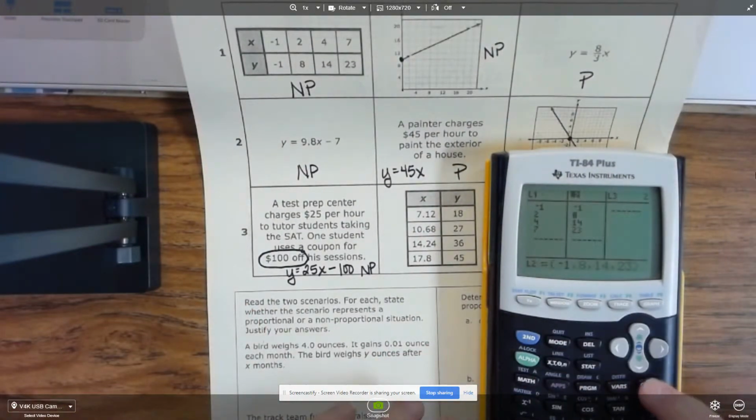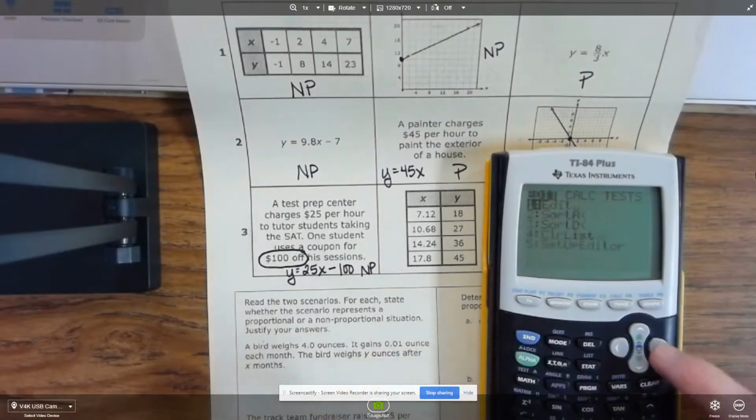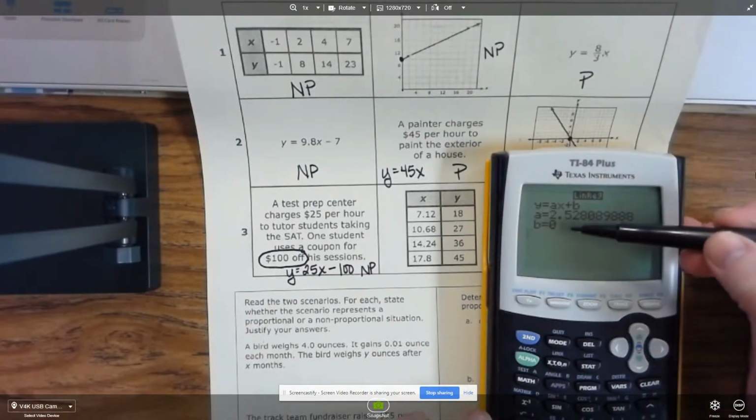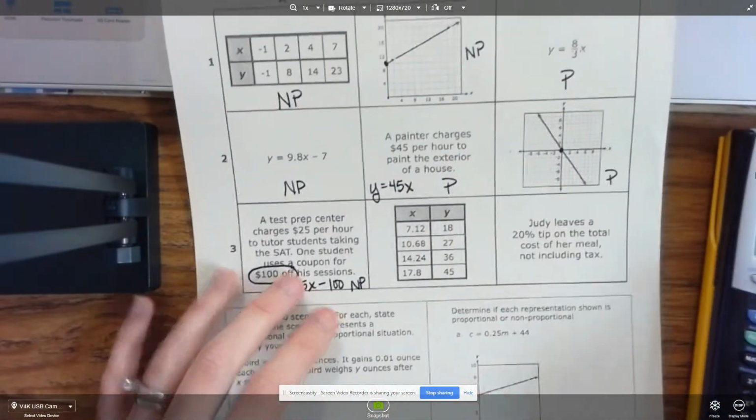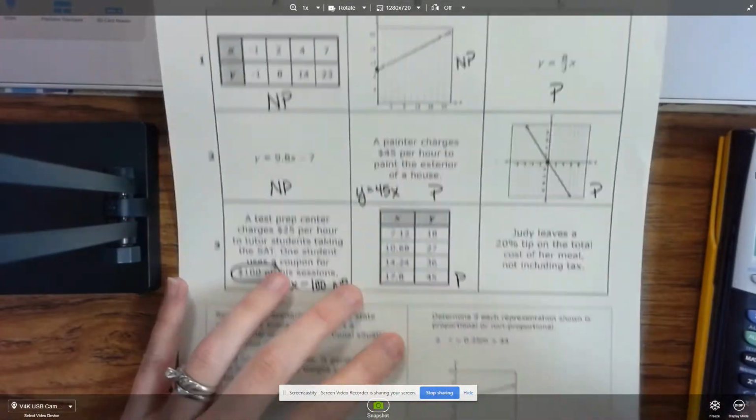Now we have another table, so we can put the table in. And you can see here that my B value is 0 this time. So this one is proportional.